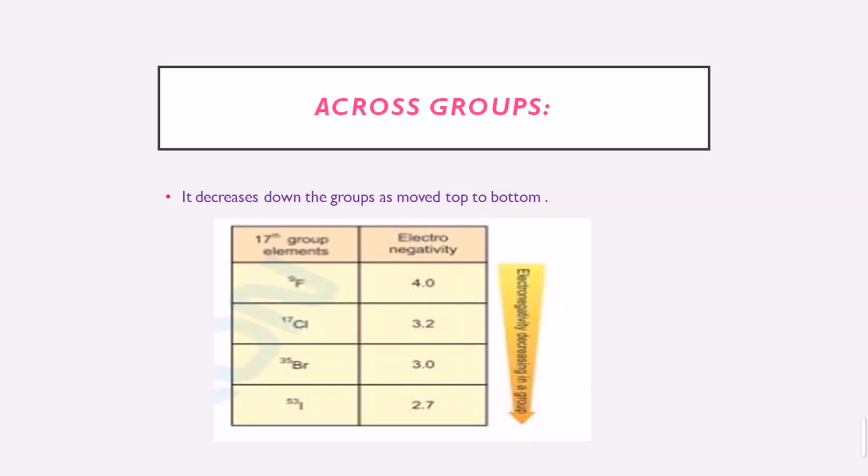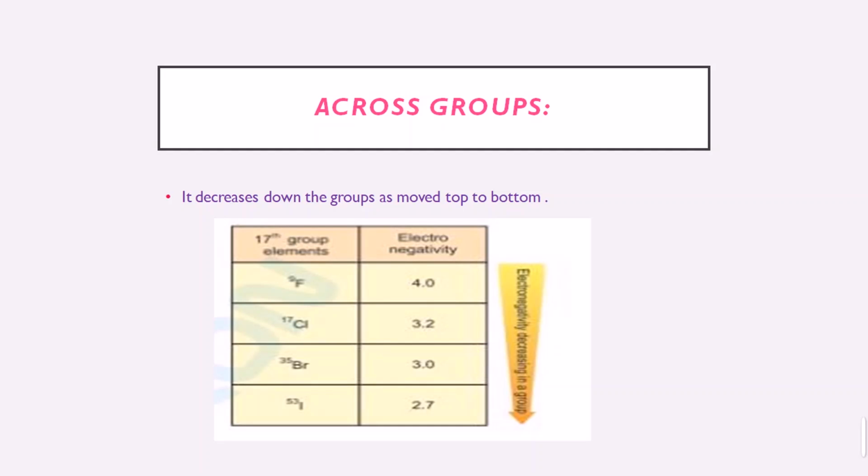So the electronegativity values decrease considerably as we move from top to bottom in a group, and this is shown by the electronegativity scale.